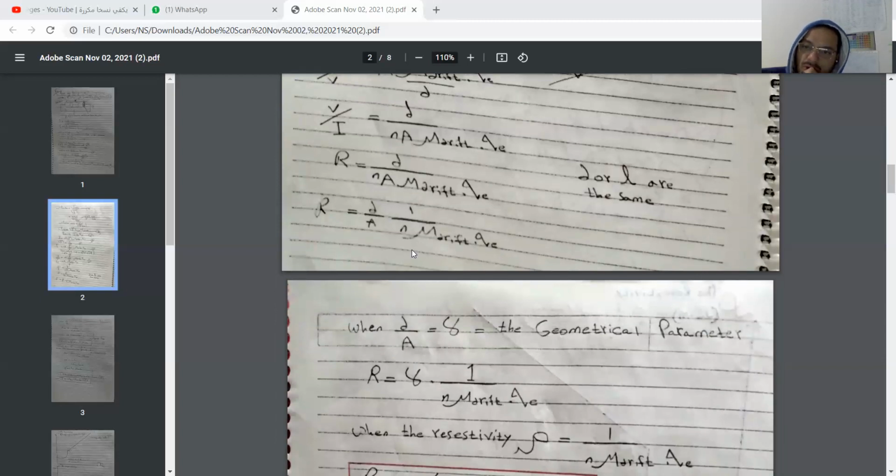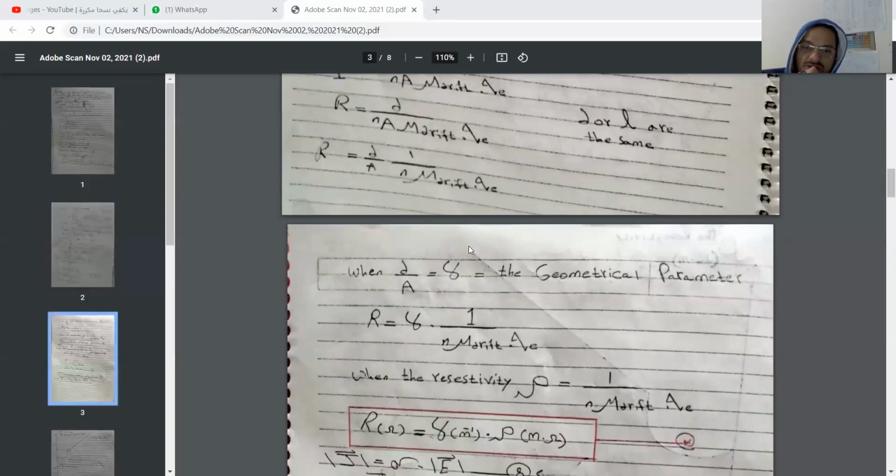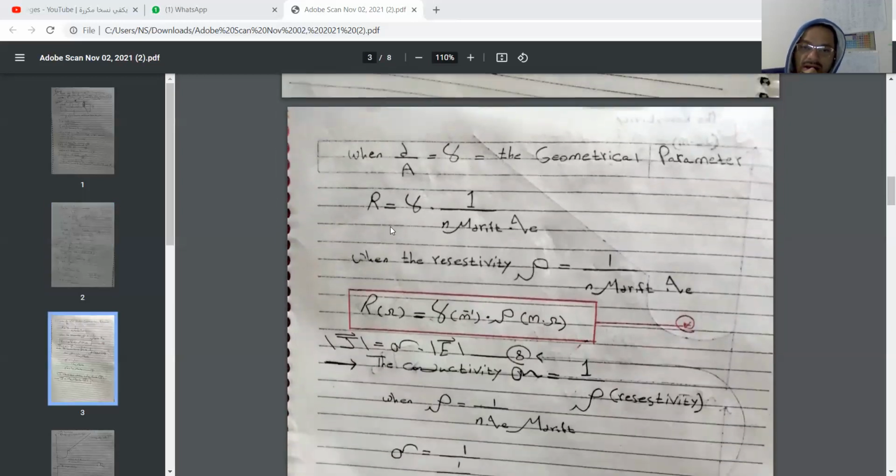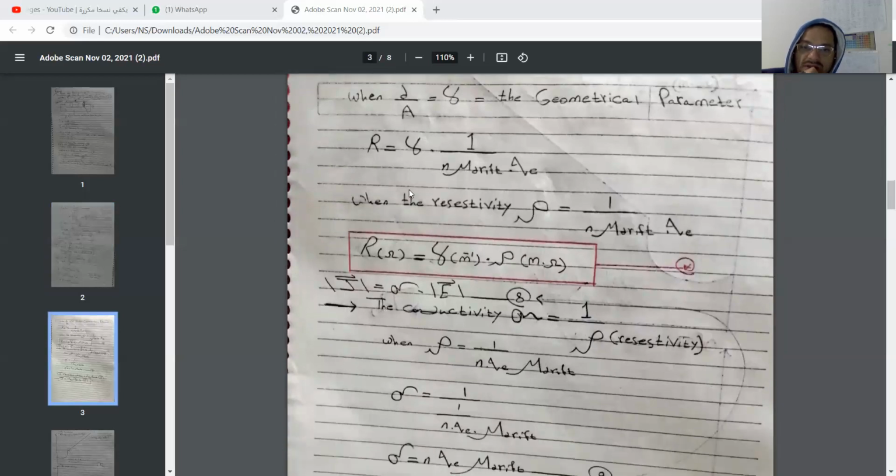And like we know, the resistivity equals 1 divided by N, the concentration of electrons, drift mobility dot Q, the electron charge. Let's write this letter, and it will be the last equation here. The resistance equals this gamma, whose unit is meter to the minus 1, dot the resistivity, whose unit is ohm dot meter.